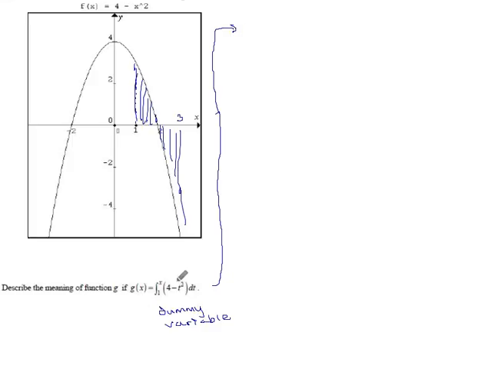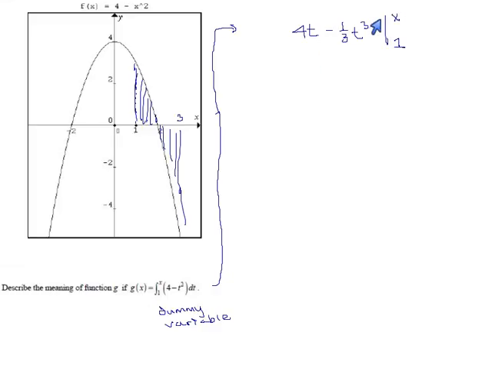When you're doing an integral like this, you find the antiderivative of 4 minus t squared, which is going to be 4t minus 1/3 t cubed. And then we're supposed to evaluate that at the upper bound and at the lower bound, which means at x and at 1. So our upper bound is x, our lower bound is 1.